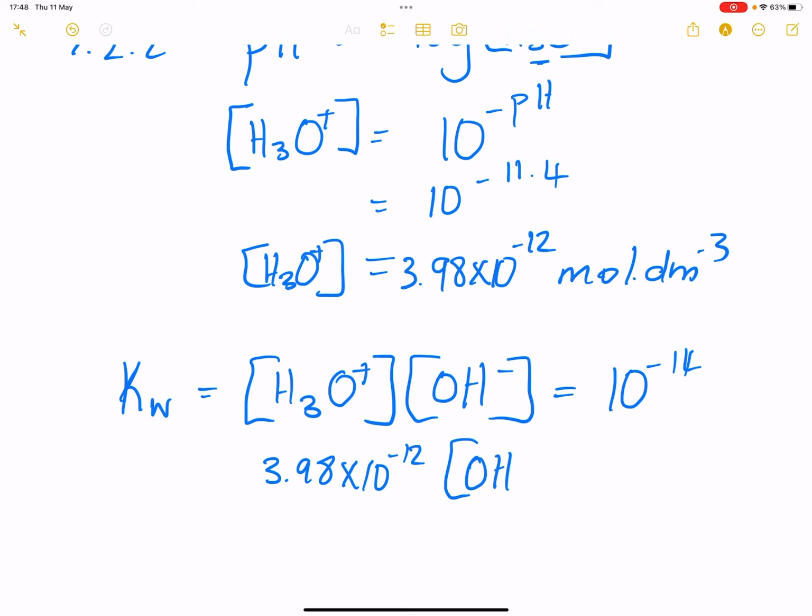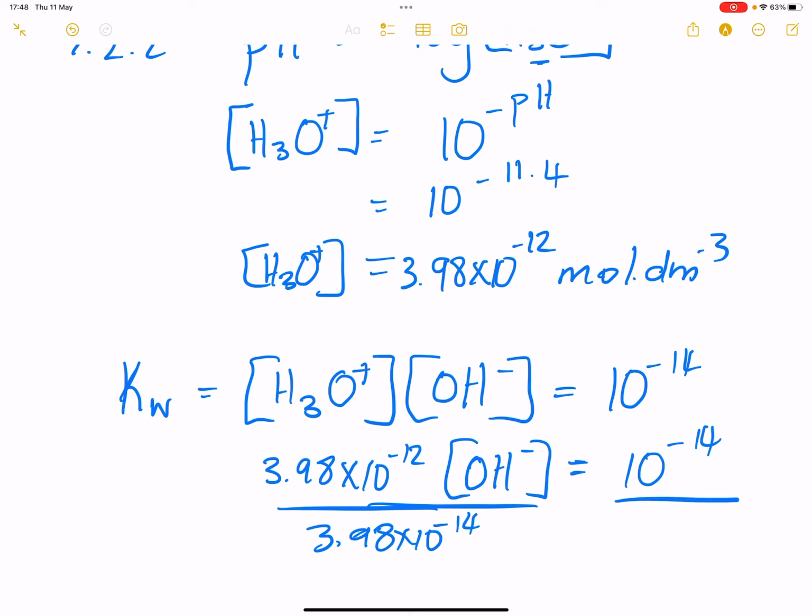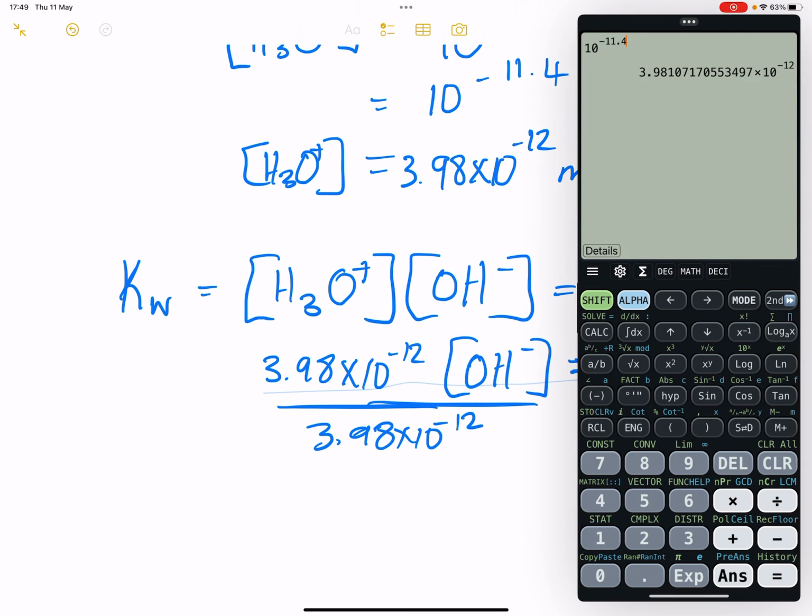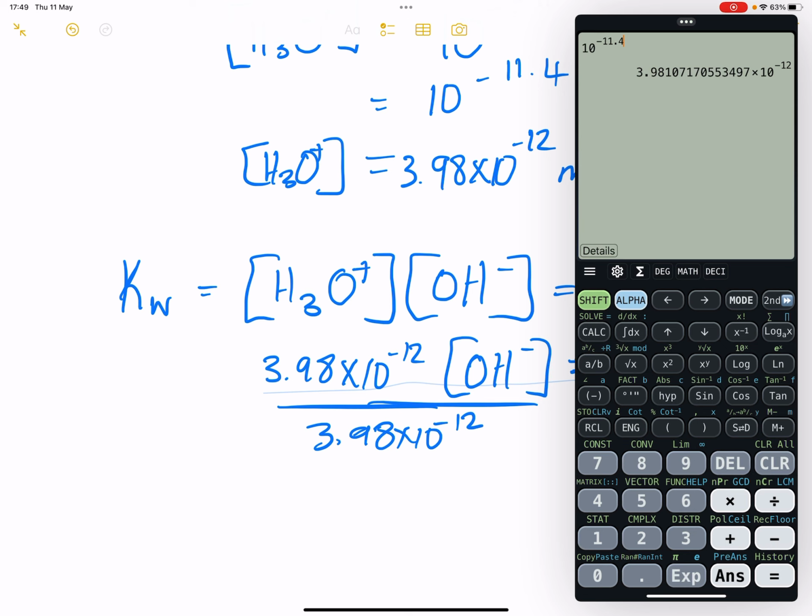We're looking for the concentration of our hydroxide ions, so we divide both sides by 3.98 × 10^-12, and we can calculate that quickly.